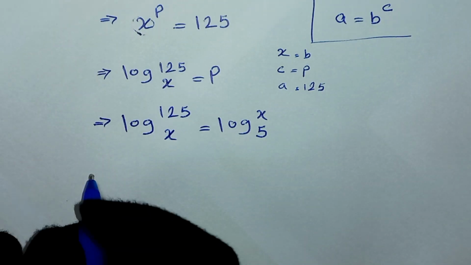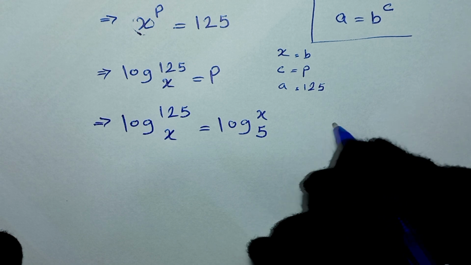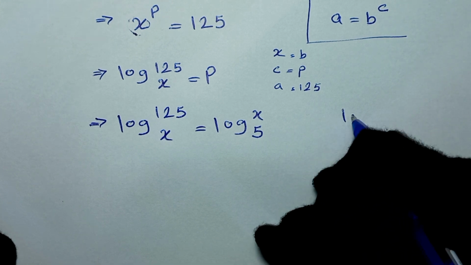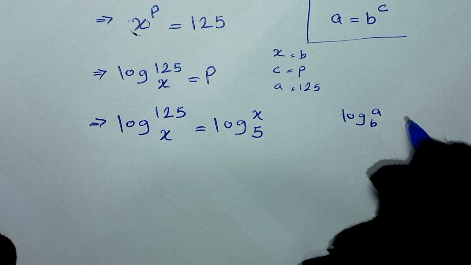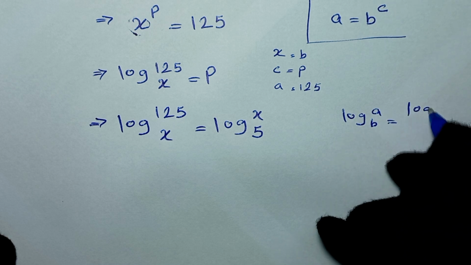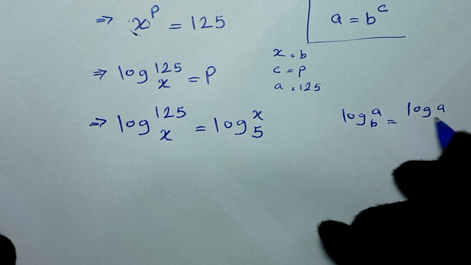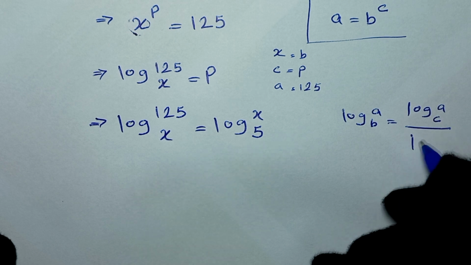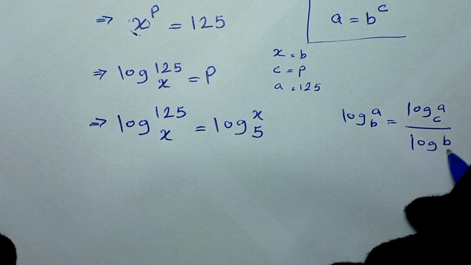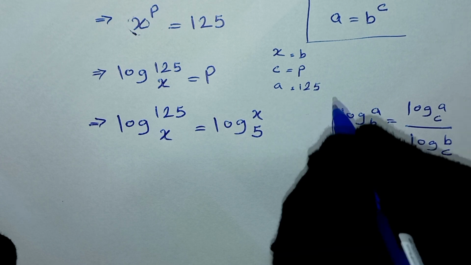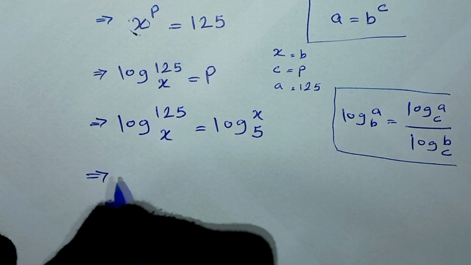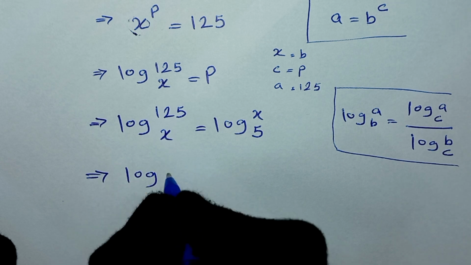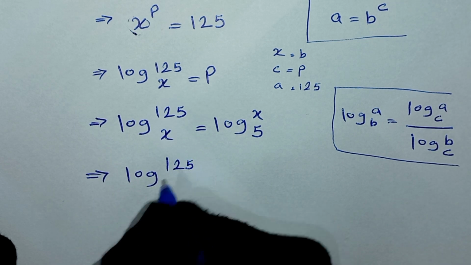So as you know, if we have log of a to base b, we can write this as log of a to base c over log of b to base c. And from here, we can write this as log of 125 to base 5.